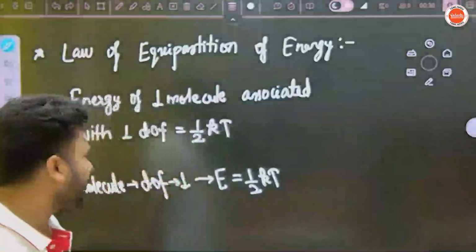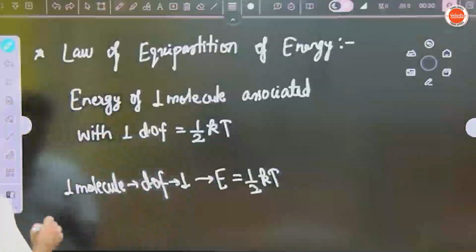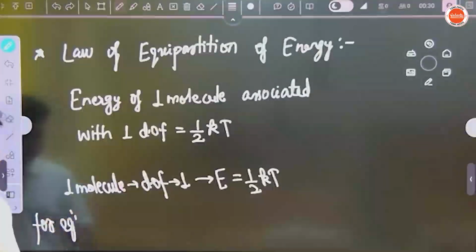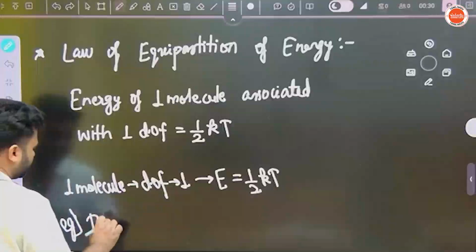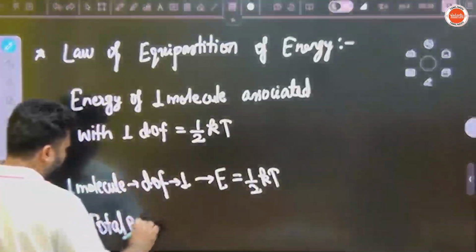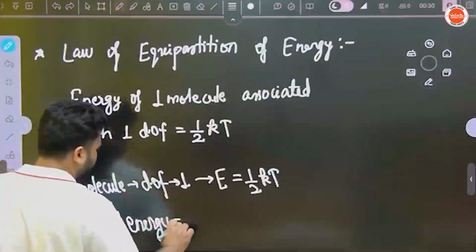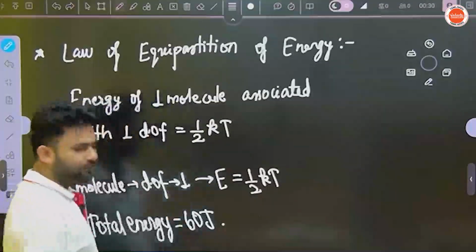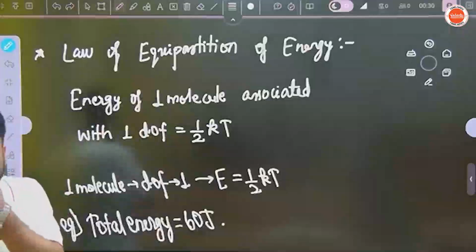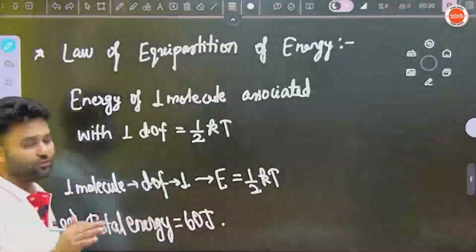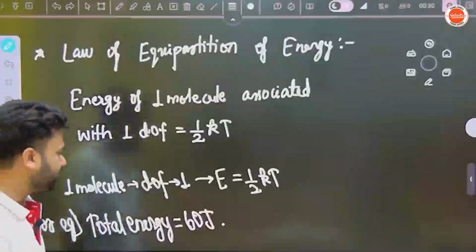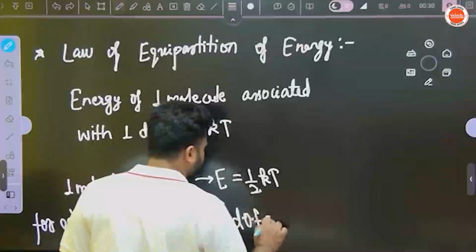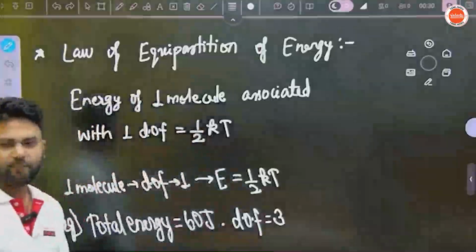For example, if the total energy is 60 joule, just an example I am taking, and this is a monoatomic gas, so the degree of freedom will be 3.